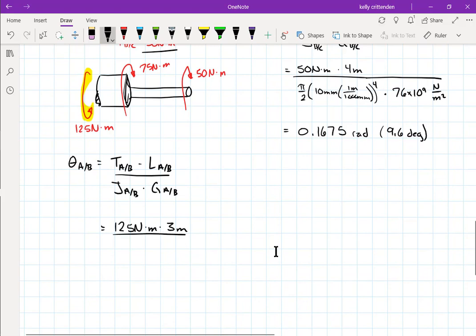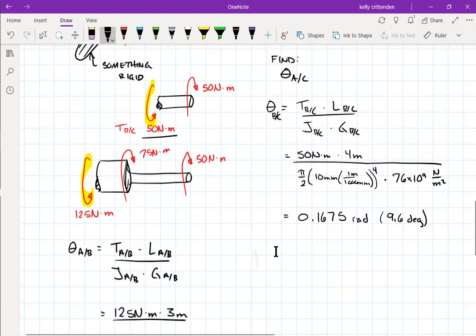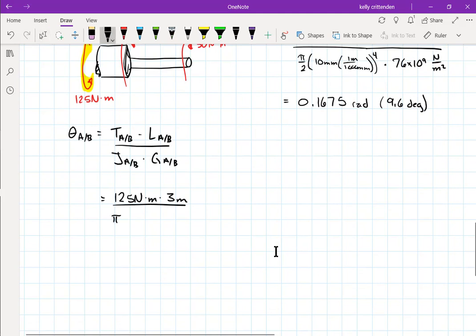It also had a larger diameter. I gave it a 30 millimeter diameter, so it's going to have 15 millimeter radius. Same material though, so it has the same 76 gigapascal modulus of rigidity.